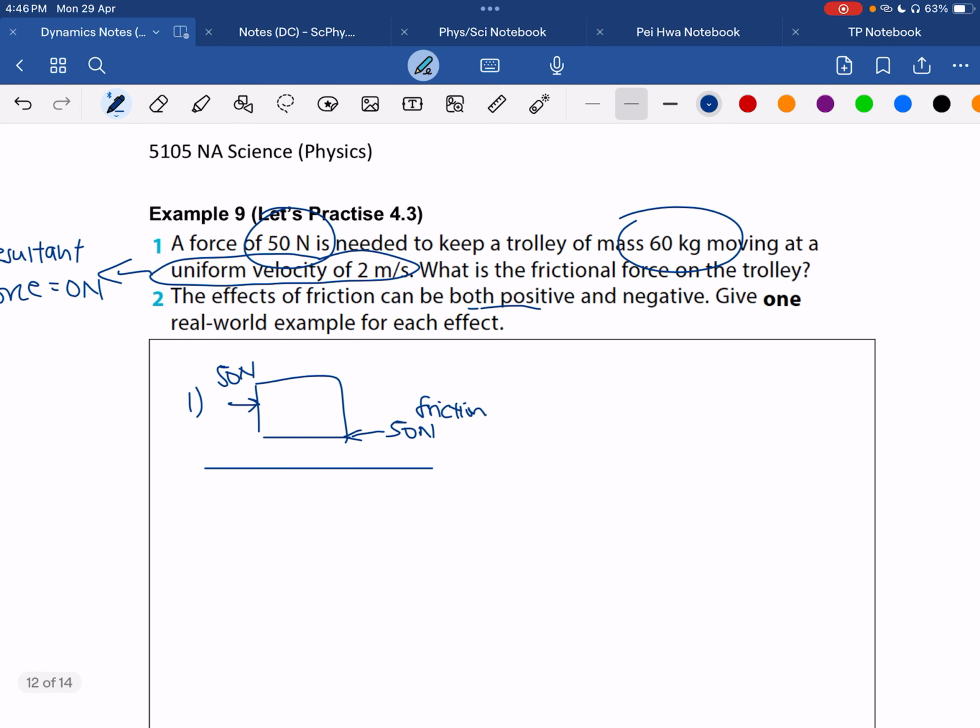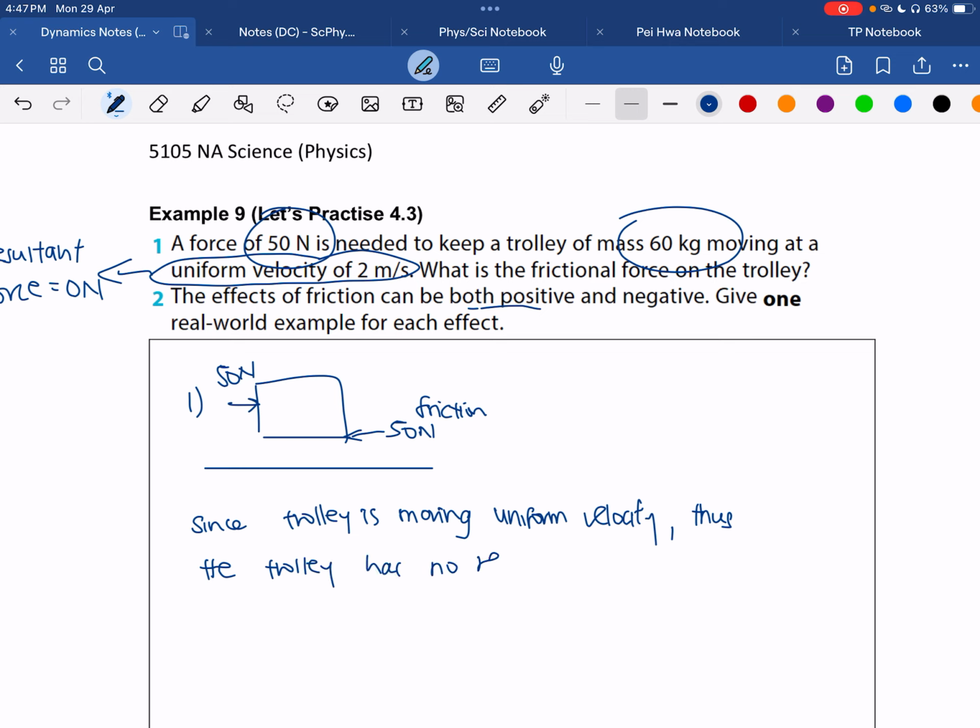Okay, so what is the frictional force? Since trolley is moving at uniform velocity, as the trolley has no resultant force, according to which law would you want to use?